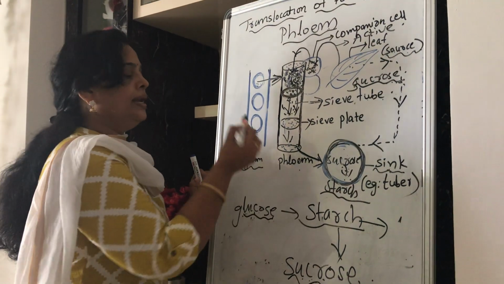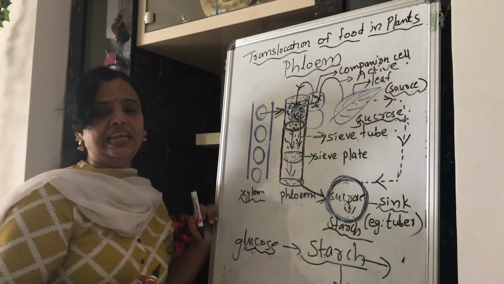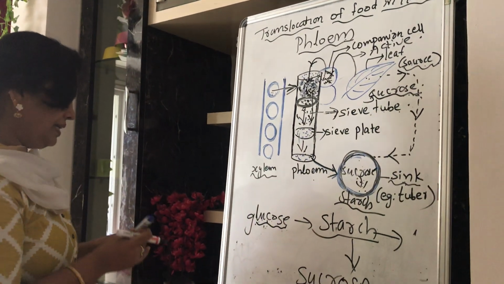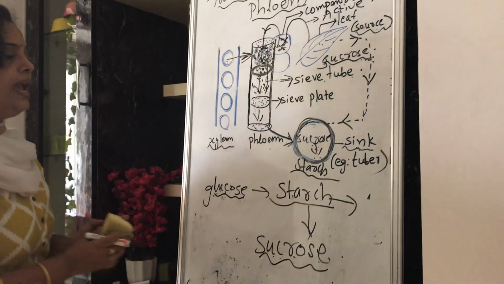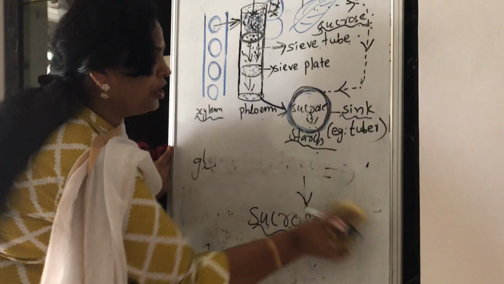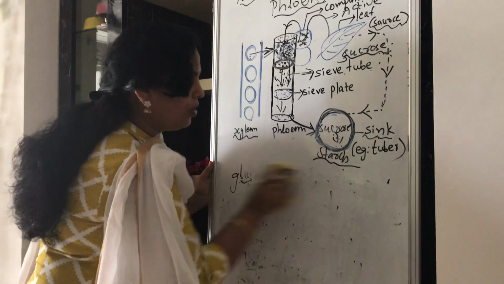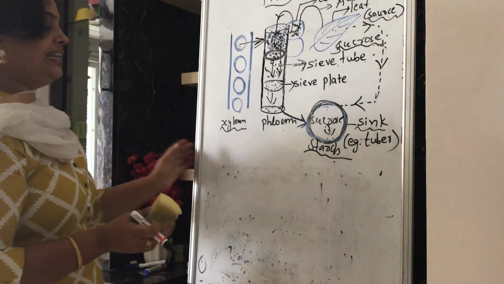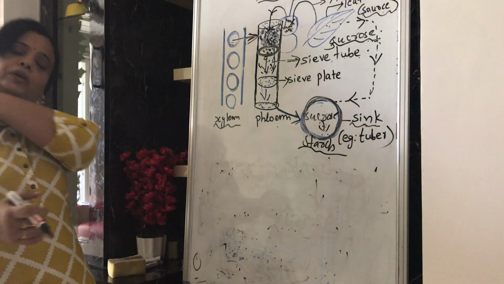Now you know that this movement of materials through the phloem is mainly taking place with the help of pressure. Pressure of what? Water. Because water entered, it created a pressure, a turgor pressure.